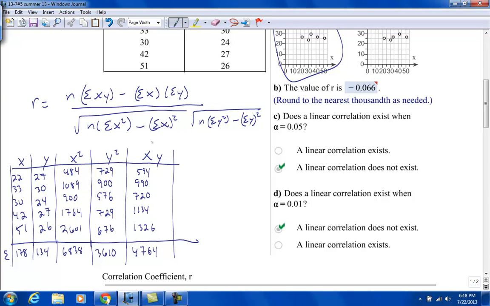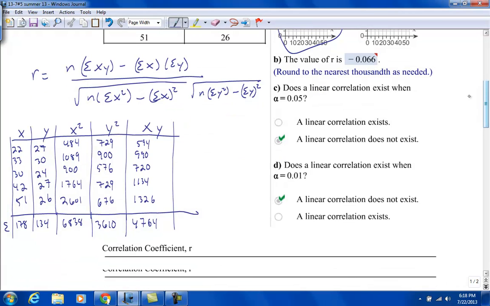So when I put this in place, I think one of the biggest areas people are prone to making a mistake is not putting the numerator in parentheses.